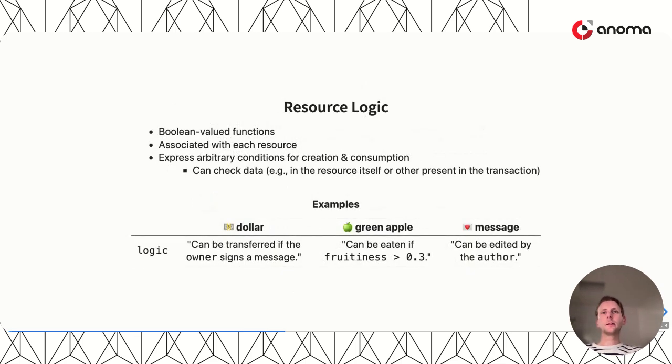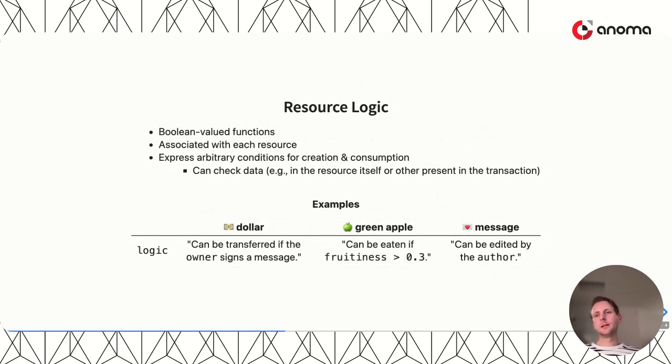Next, we can look at another piece of information associated with the resource, the logic function. The logic function is a Boolean valued function that returns true or false and expresses certain predicates and conditions that must be fulfilled in order to create or consume a resource.